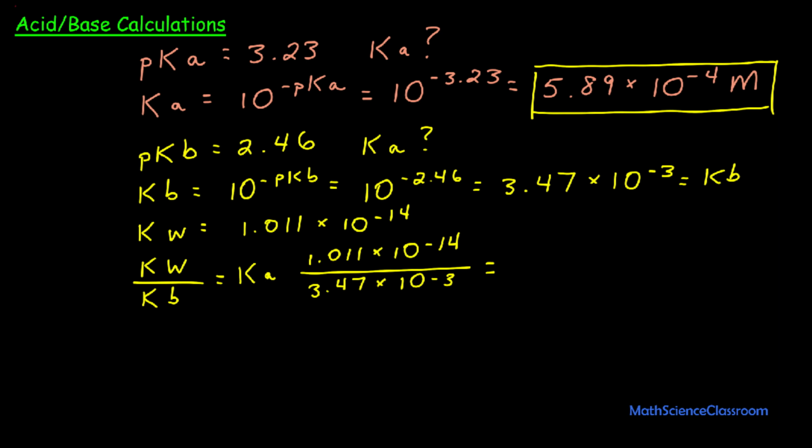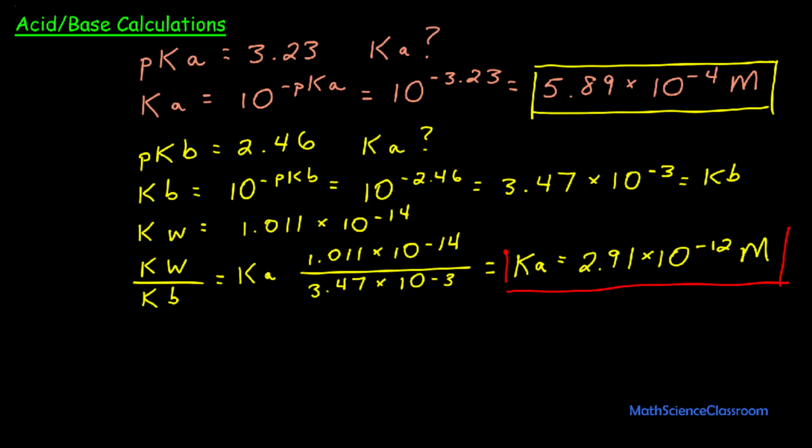And we come up with a final result for our Ka equals 2.91 times 10 to the negative 12th molarity, or moles per liter. And that's our final answer.